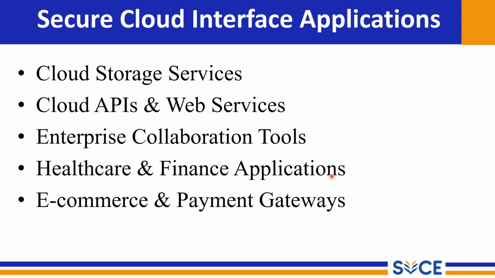E-commerce and payment gateways include PayPal, Stripe, and Amazon Pay for secure online transactions, and IoT and smart devices, connected home devices, and industrial IoT systems are where it's also used. So these are the applications of the secure cloud interface.